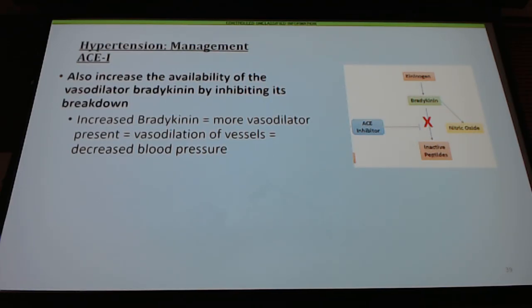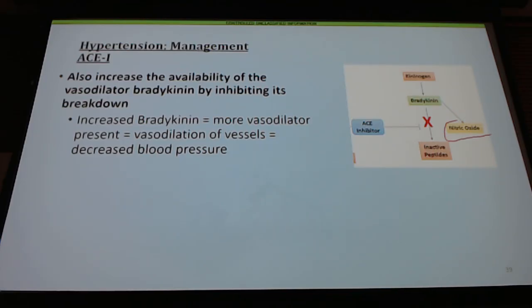So it's blocking that destruction of the bradykinin, which then means you have higher levels of circulating bradykinin, which then triggers an additional release of nitric oxide, which has a local vasodilatory effect. Okay, so by giving an ACE inhibitor, I have this additional mechanism to lower blood pressure.